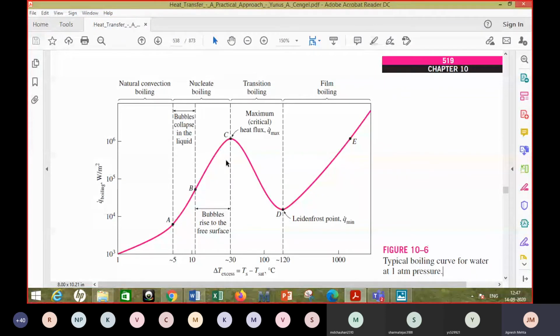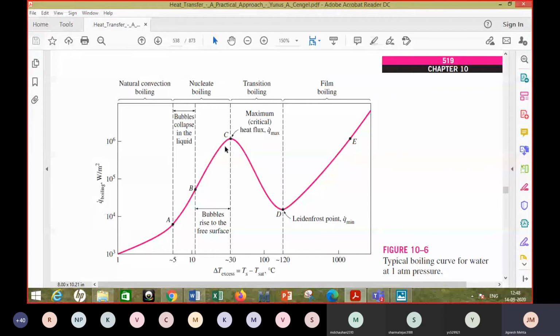So this very turbulent boiling is helping you to provide very high heat transfer rates. So this whole area or regime is called nucleate boiling. Here you are not covering a very large portion of the hot surface by these bubbles or vapor. So that's nucleate boiling.